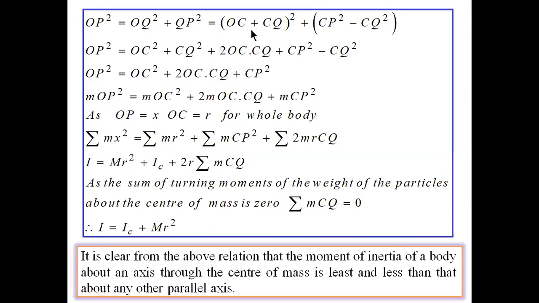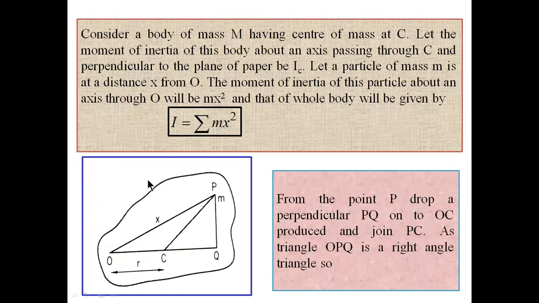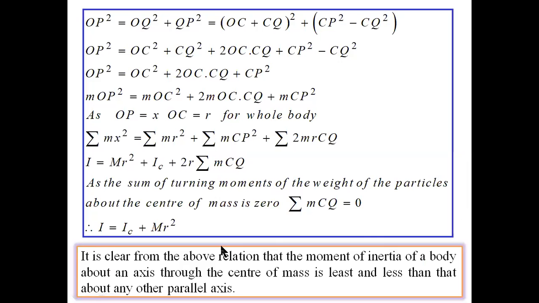Now OQ equal to OC plus CQ. So we have written this, and QP square equal to CP square minus CQ square.